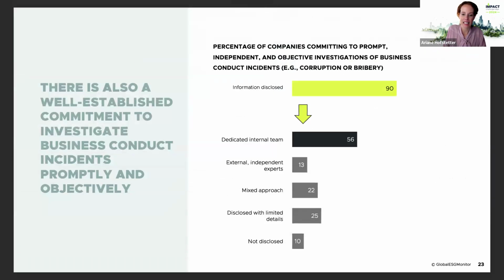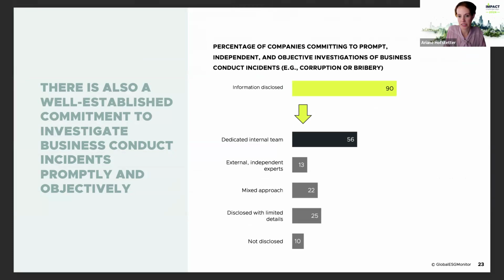The next aspect I want to dive deeper in is the percentage of companies committing to prompt, independent, and objective investigations of business conduct incidents. That could be in case of corruption or bribery.